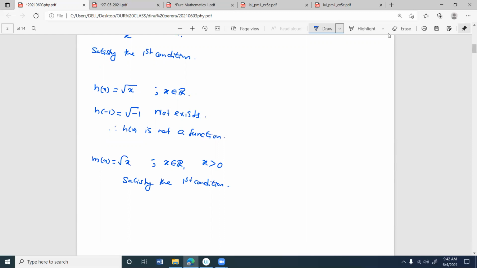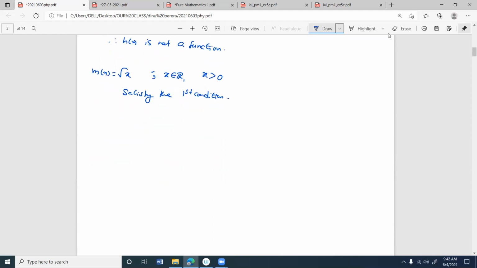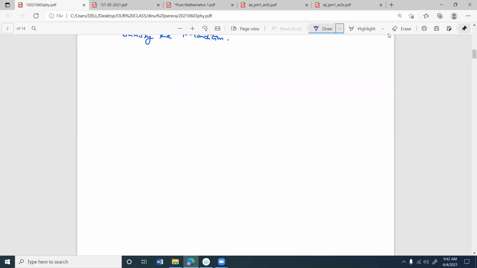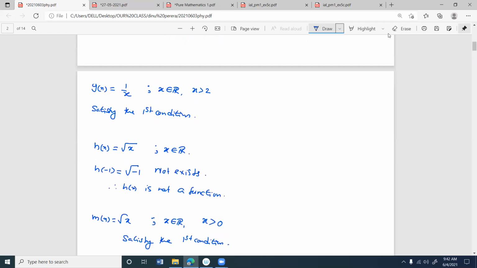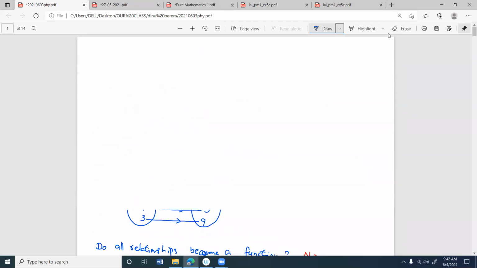That is a fact we need to understand. To show it's not a function, one violated condition is enough. To show it is, we need to show all the conditions are satisfied. Then we'll come to the second condition. The first condition we already explained from these examples.